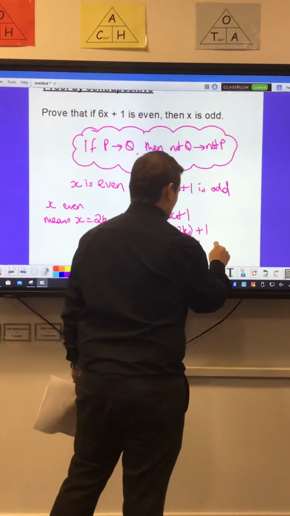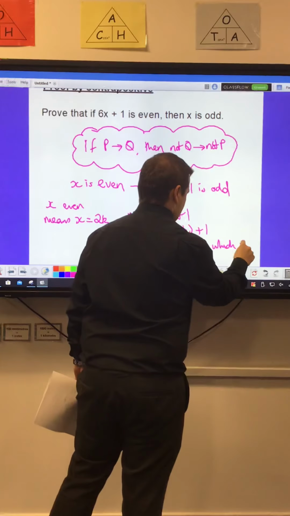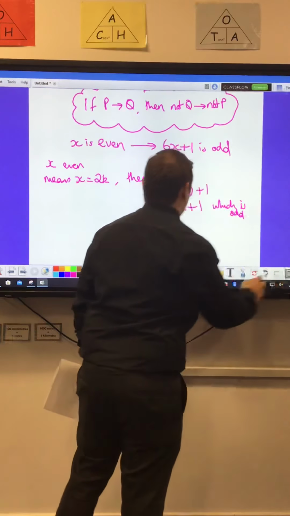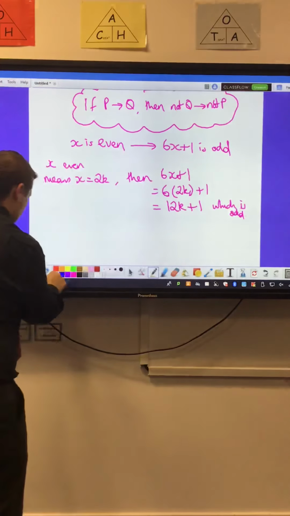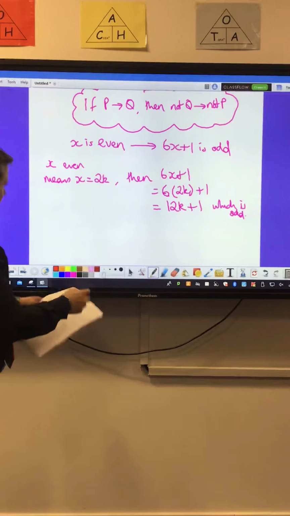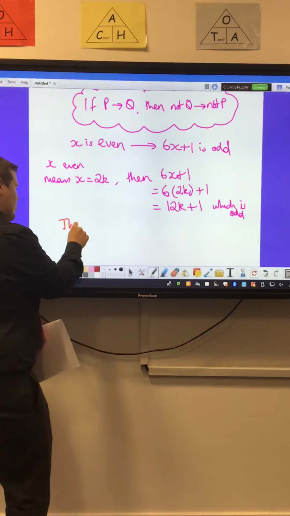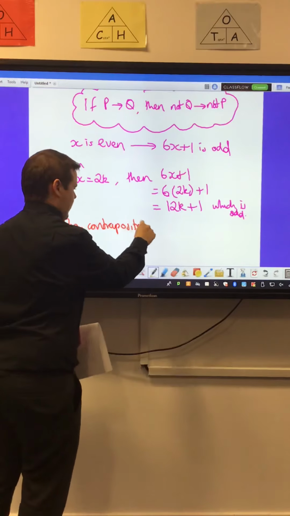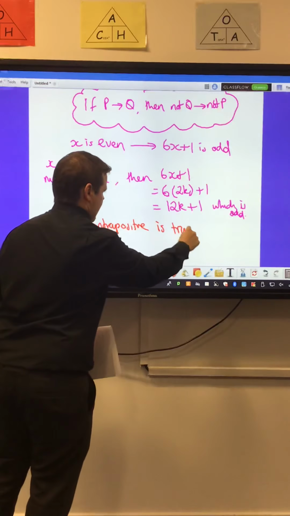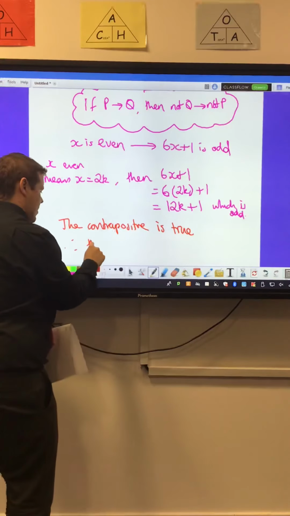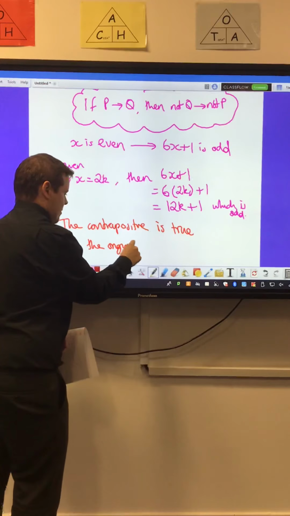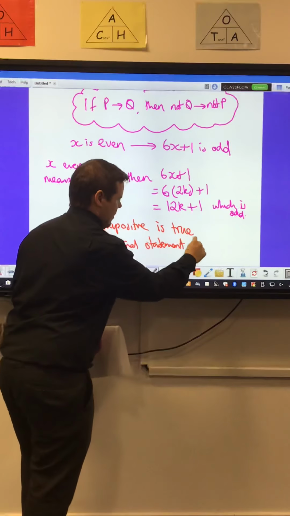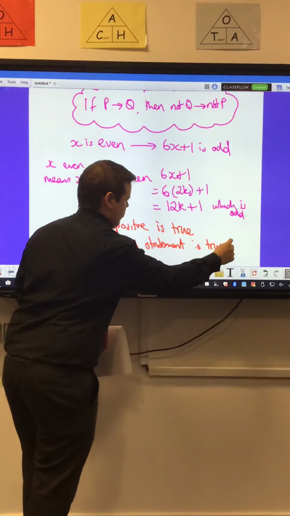So what we need to state at the bottom, quite important, look at the marking schemes, is that you need to say the contrapositive is true, therefore the original statement is true.